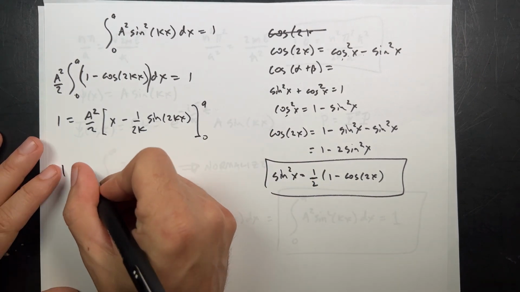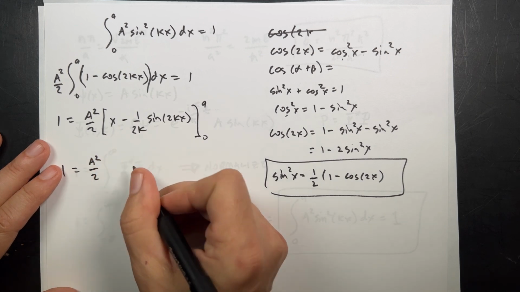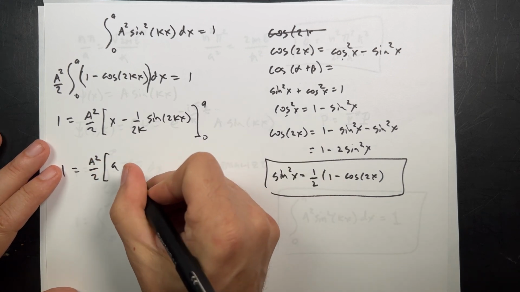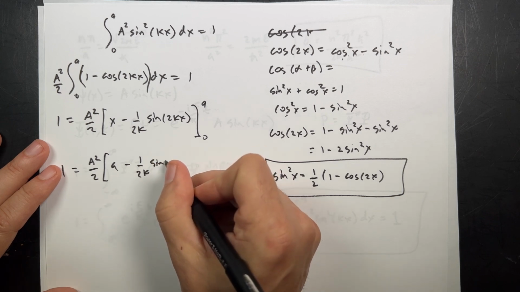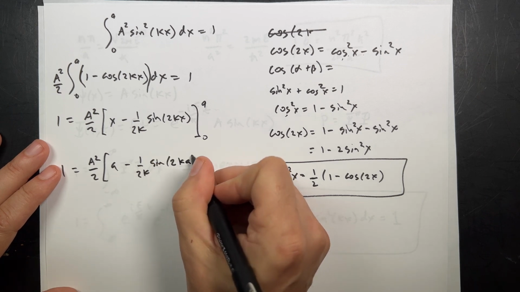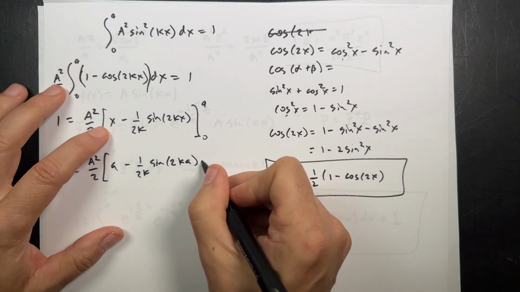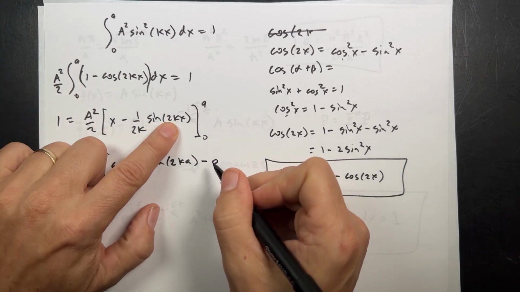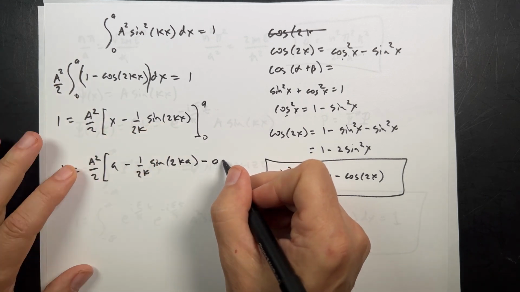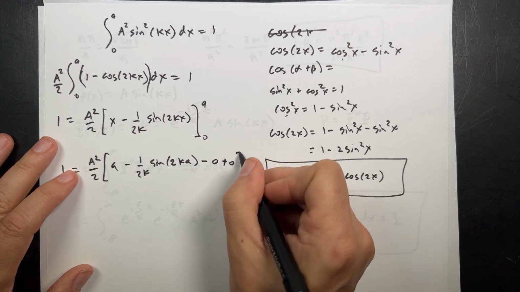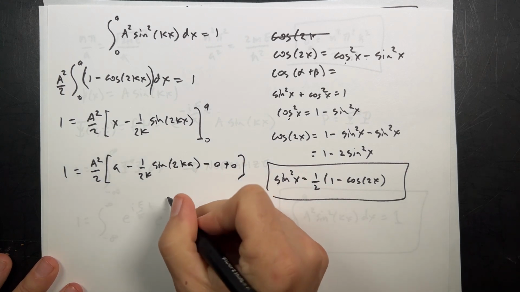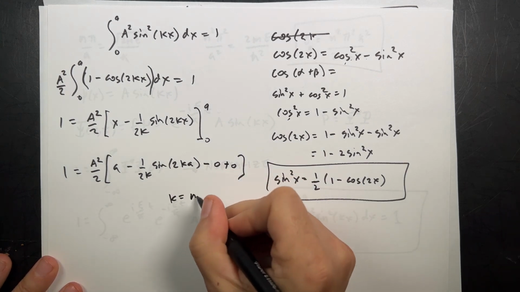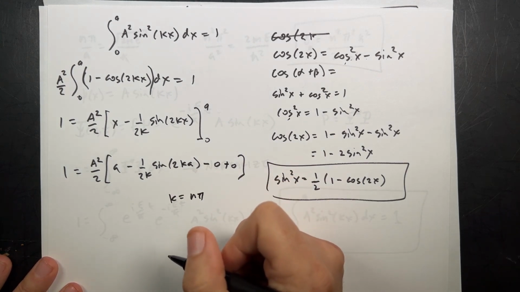Now I can evaluate my limits. I get 1 is A squared over 2 times a minus 1 over 2k sine of 2ka, and then I subtract 0, because if I put in 0 right there, I get 0 too. Now, remember that k is equal to n pi over a, that's what we said.